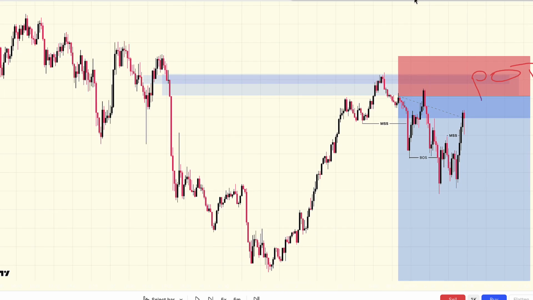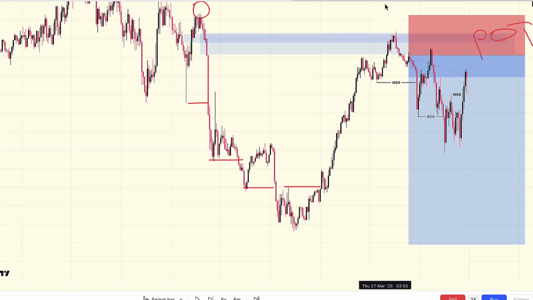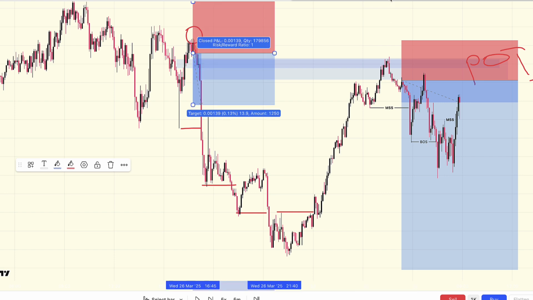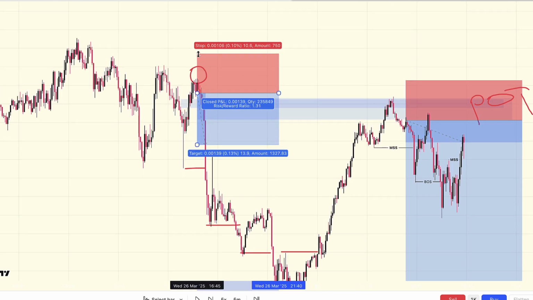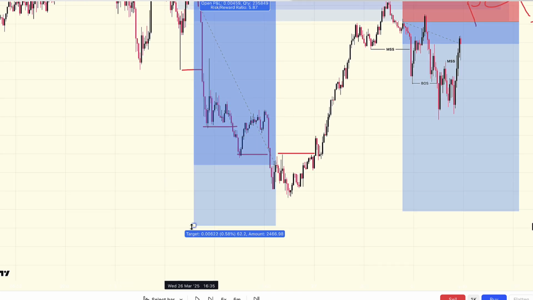For example, somebody that took a trade from here maybe had a break of structure, then a shifting market structure. Imagine you are in this trade from here. For example, I'm just giving an example. From here, and my stop loss is here, I'm targeting somewhere below.